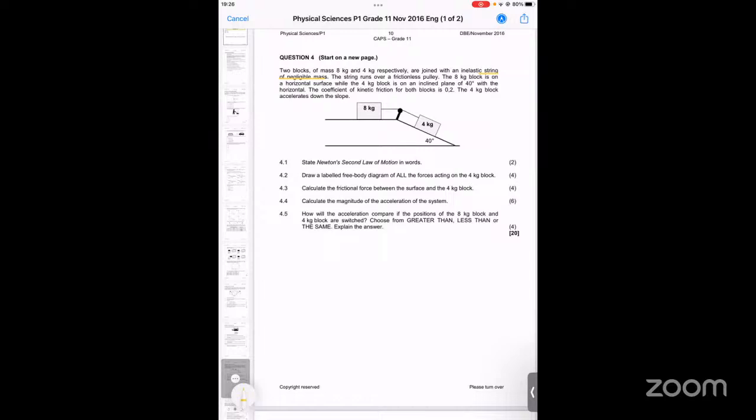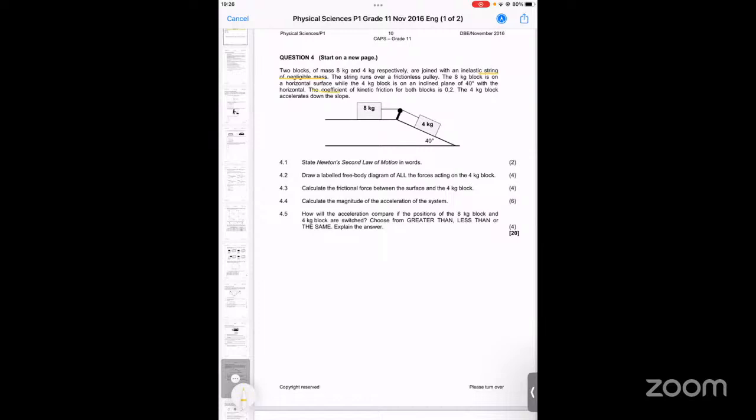And then they say the string runs over a frictionless pulley. The 8 kg is on a horizontal surface that we can see, while the 4 kg block is on an incline plane of 40 degrees with horizontal, which we can see. The coefficient of kinetic friction on both is that.